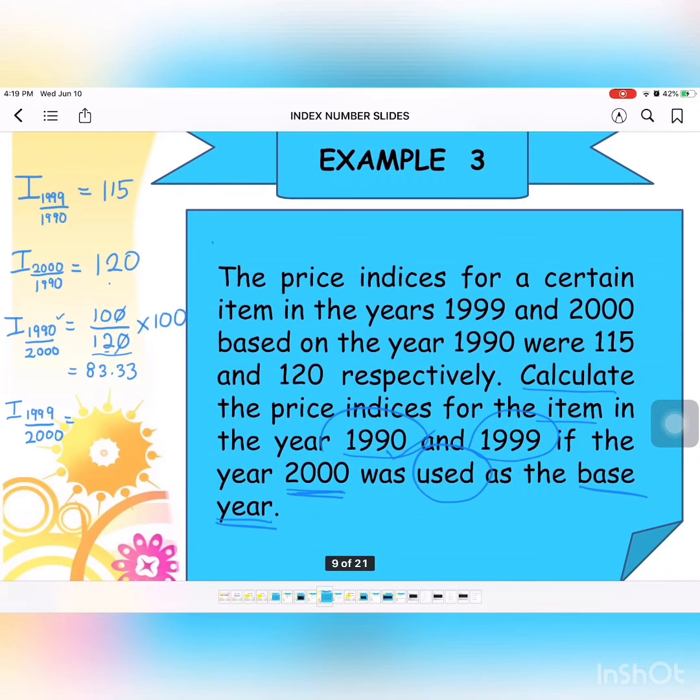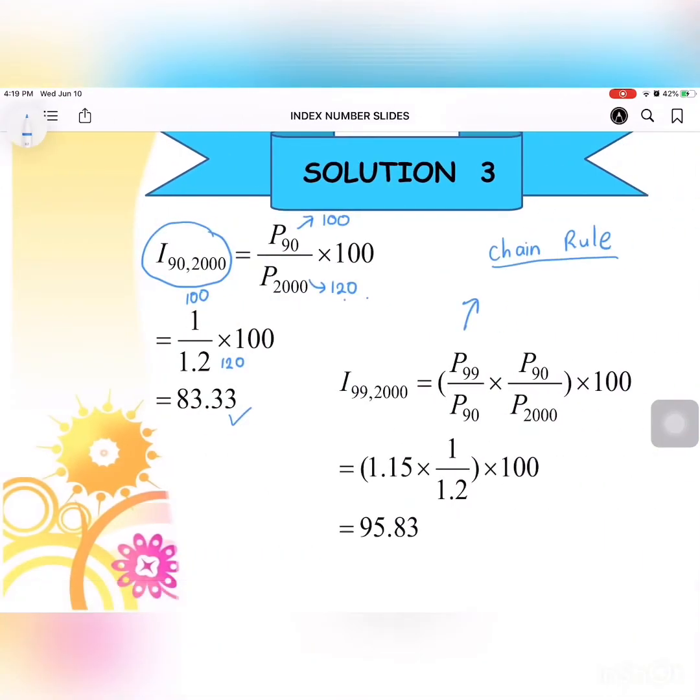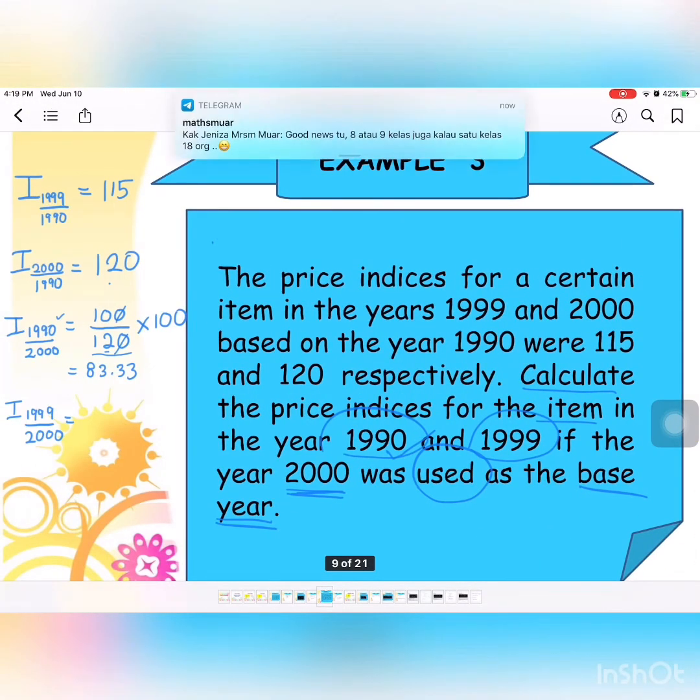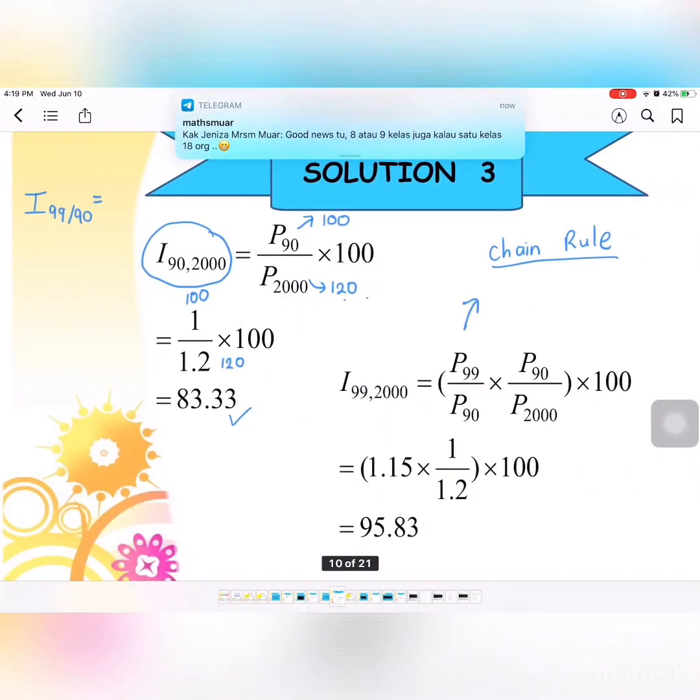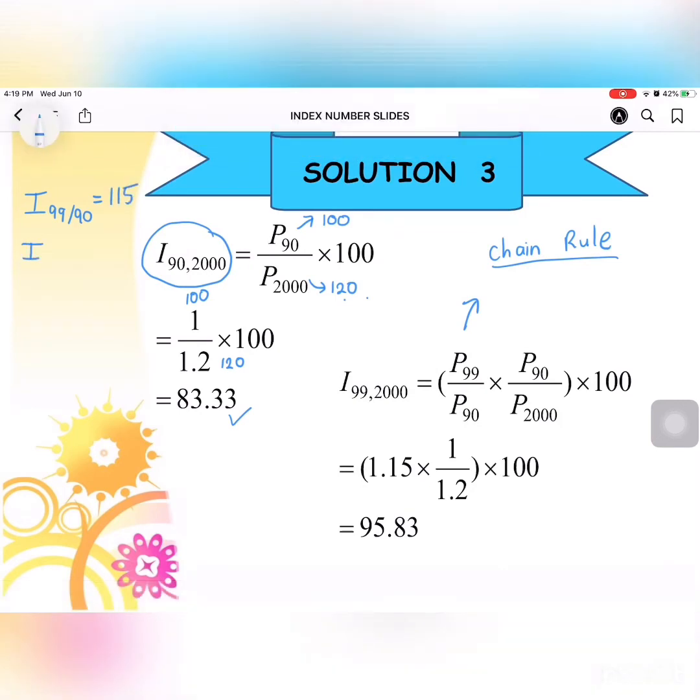I'm going to rewrite it. For the price index of 99 over 90, this equals 115. The price index for year 2000 to year 90 equals 120. This is the info that we need to understand.